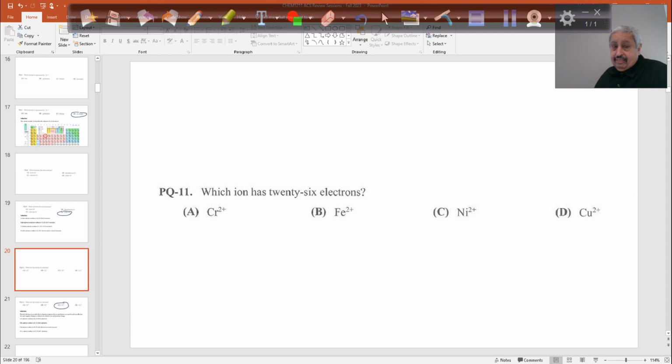So here it is. What ion has 26 electrons? How in the world will I know how many electrons to begin with? Somebody tell me. We did the periodic table in the last question. From where can I get information about the electrons in those metals?